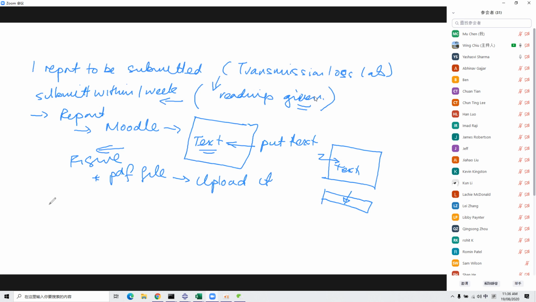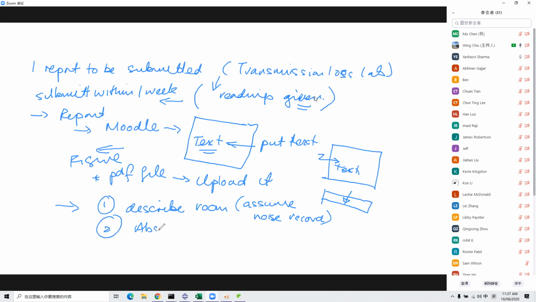If you have calculated the transmission loss, what I would really require you to do is first of all to describe the room, or in this case your fictitious room that you're in, and the noise recording. The important thing is the absorption.